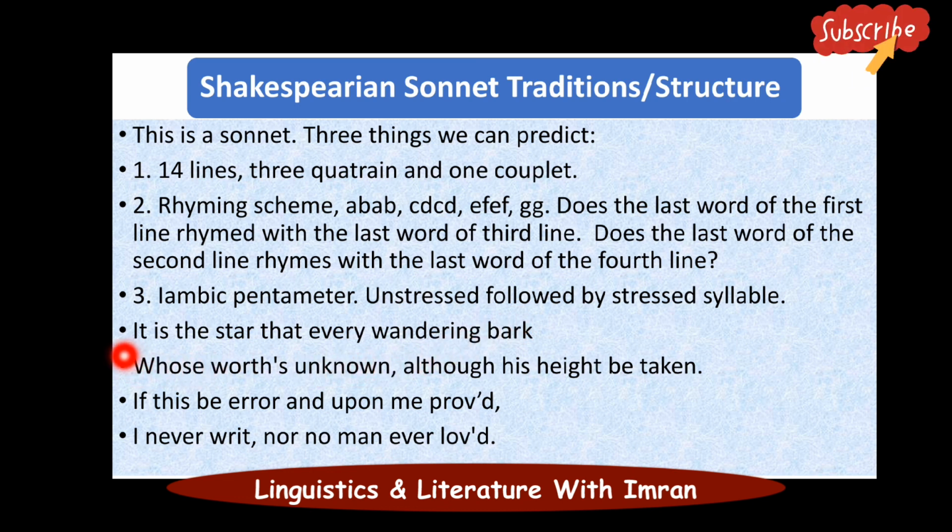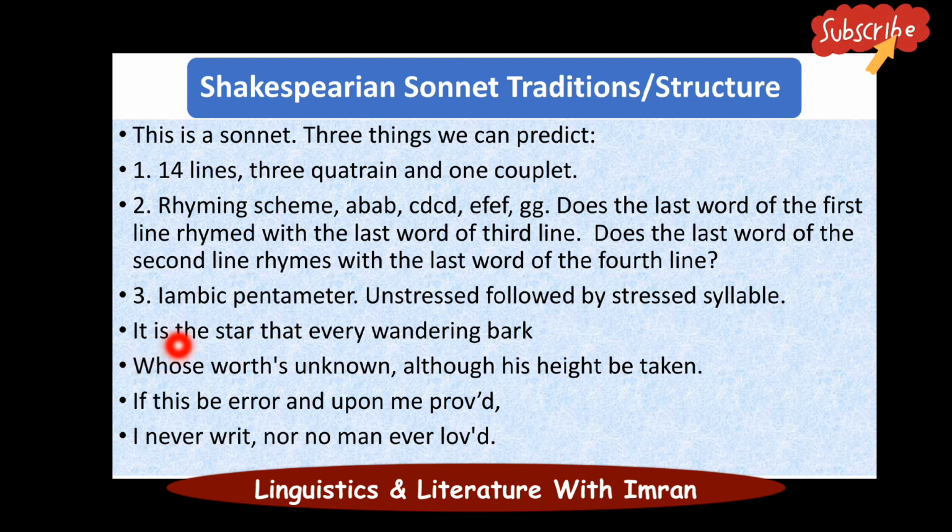For example, "it is" is the 1st foot, "the star" is the 2nd foot, "to every" is the 3rd foot, "wandering" is the 4th foot, and "bark" completes the 5th. So we have 10 syllables: first, it, then is, then the, then star, and so on. We have 10 syllables, 5 feet, and the pattern is unstressed and stressed, iambic.